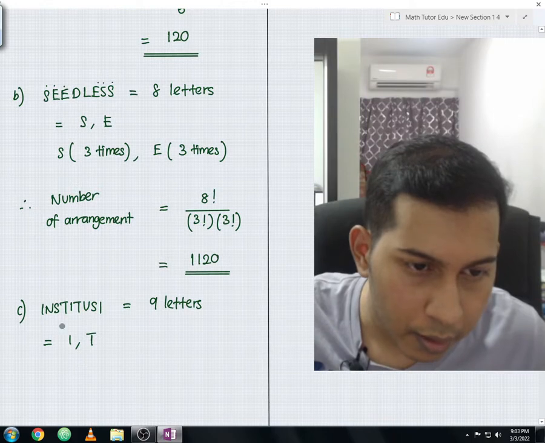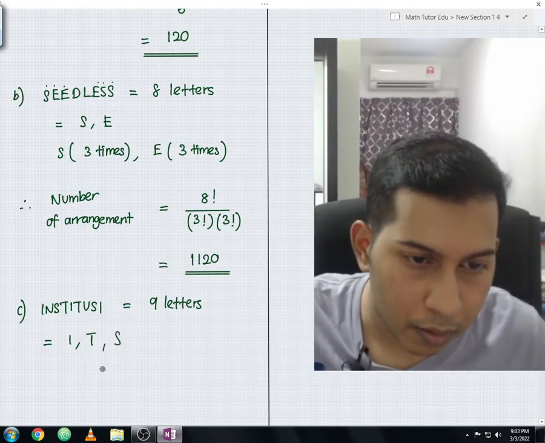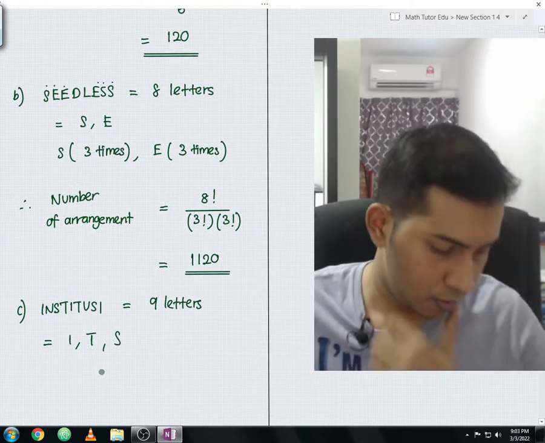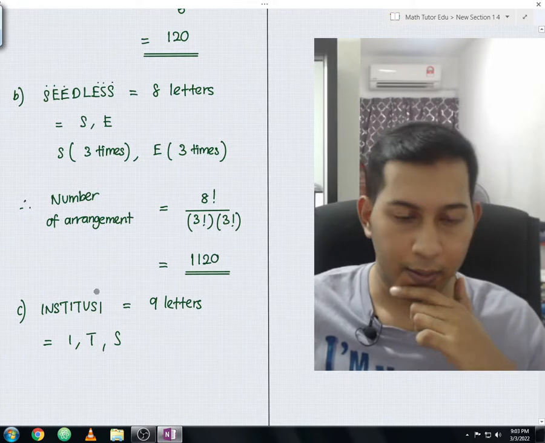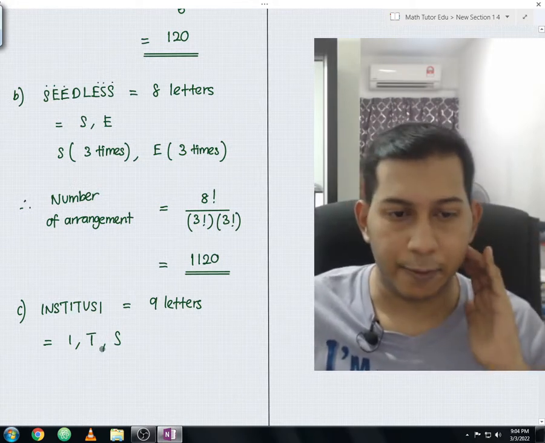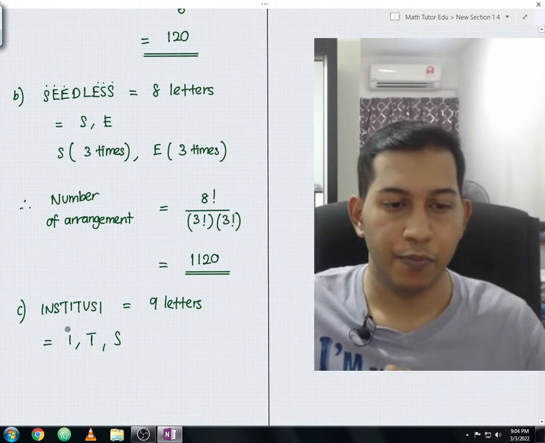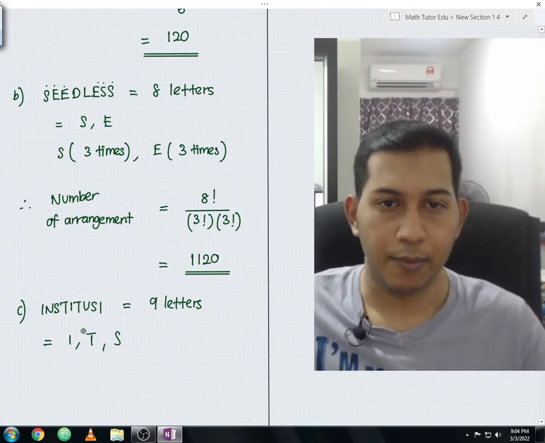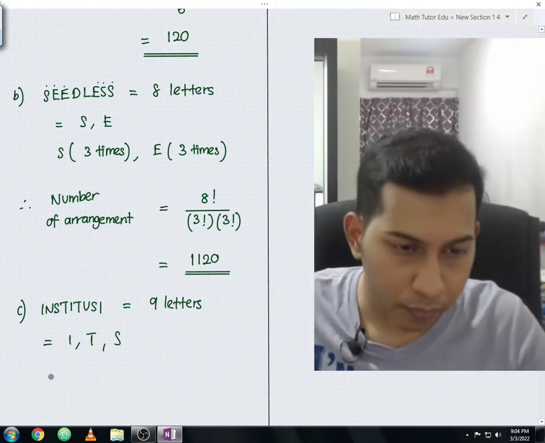S is being repeated. And some more. Okay, I think that's all. So I, T and S are being repeated. This part you need to be careful, guys. You need to identify which letters are being repeated more than one time. Once you identify this, you proceed to the next step.